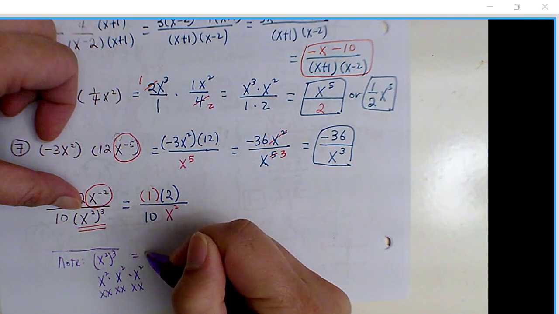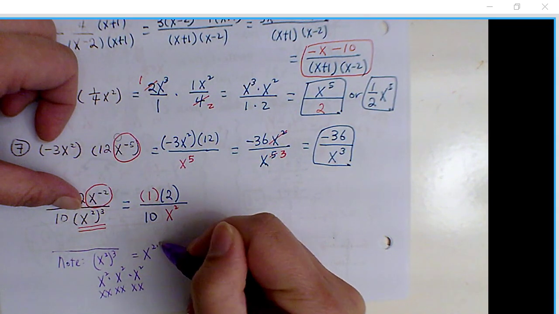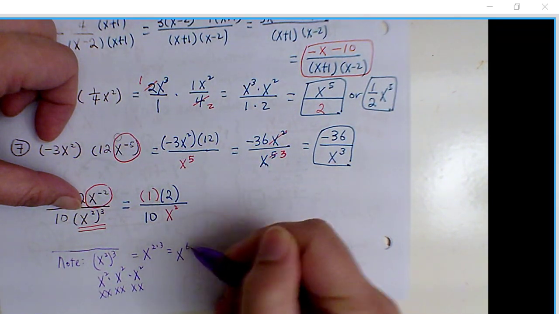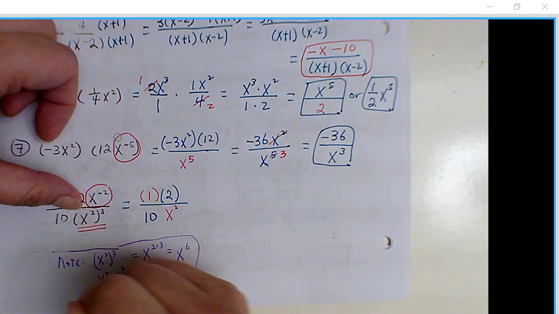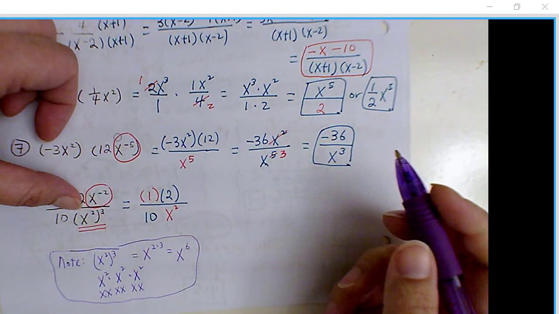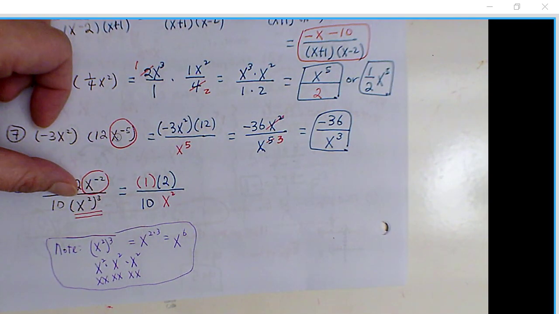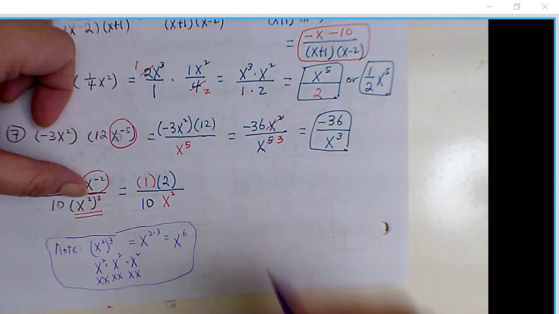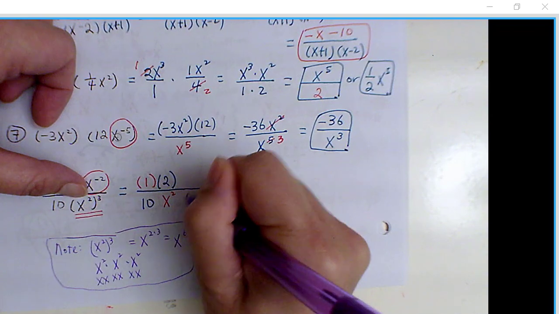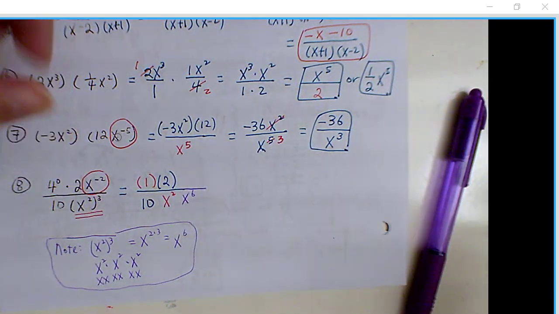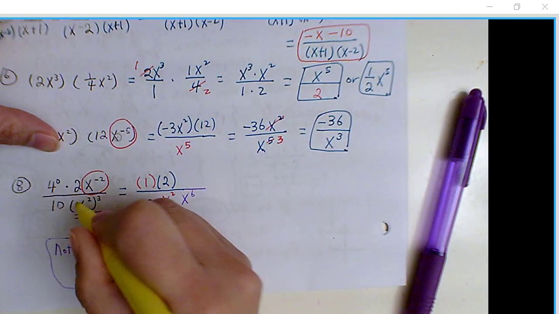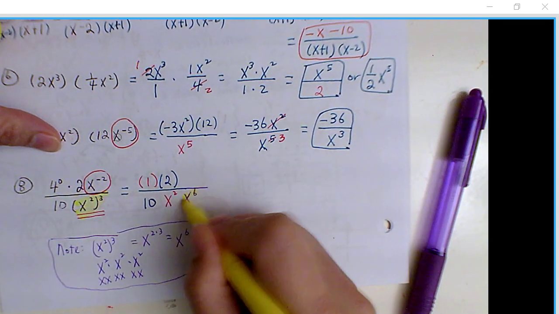Totally you have 6. That's why this is x, 2 times 3 equals x to the 6th power, right? So this is one of the rules that you're supposed to practice. If you're not so sure, you can write that out, okay? So this x squared to the 3rd power is going to give me x to the 6th power. So this is basically just multiplying the exponent part, right?